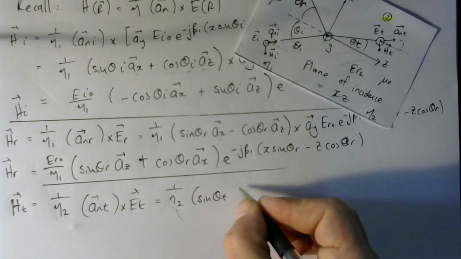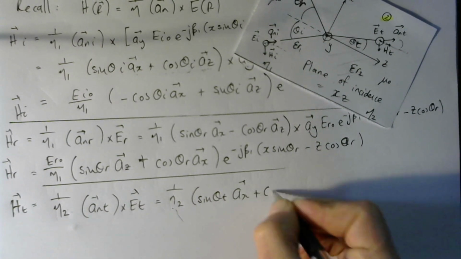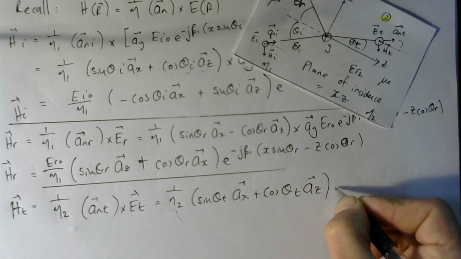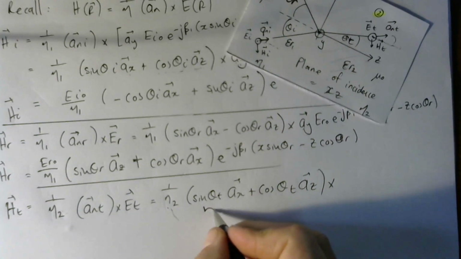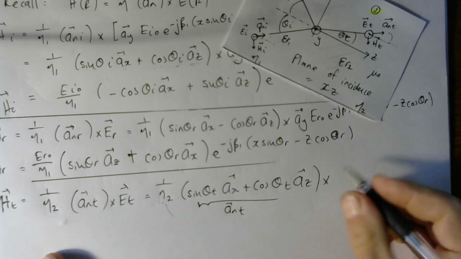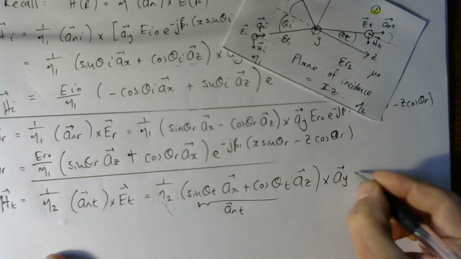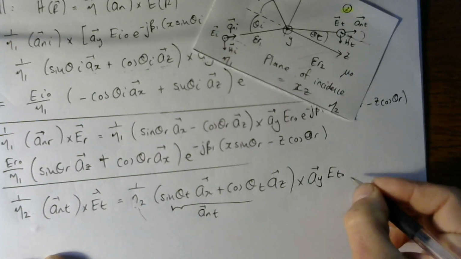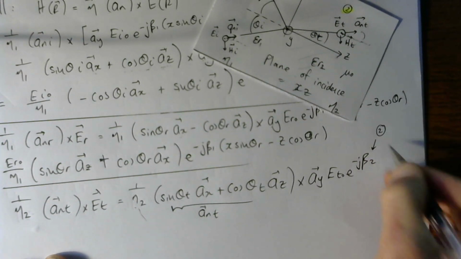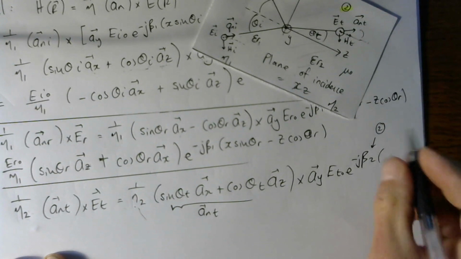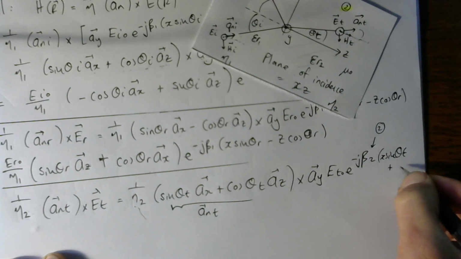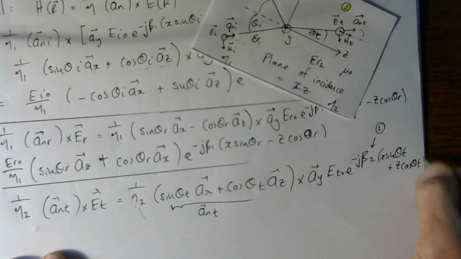Sine theta t in the x direction plus cos theta t in the z direction, that's ANT that we calculated in step 1, cross ay ET0 e to the minus j beta 2, remember, because I'm working in region 2, times x sine theta t plus z cos theta t.